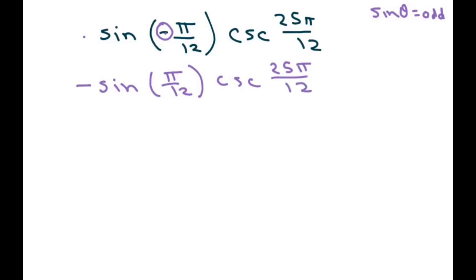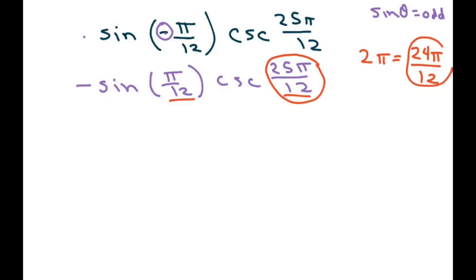Now, I just need to have both of these angles be the same. Since they're not, I can either add 2 pi or subtract 2 pi. So I'm going to go ahead and subtract 2 pi from this. Well, 2 pi equals 24 pi over 12.